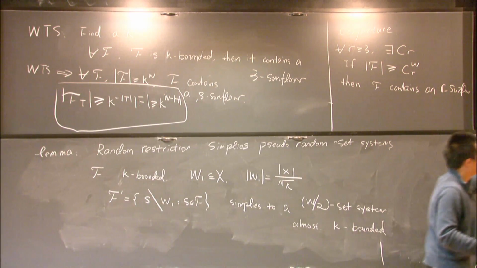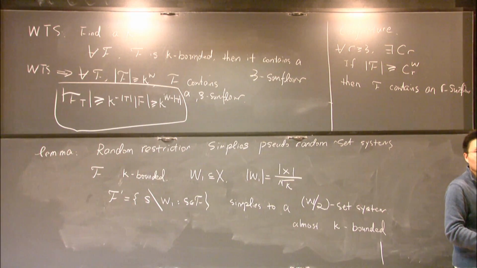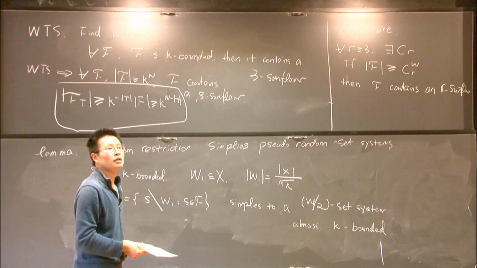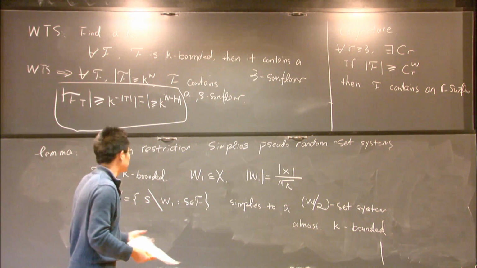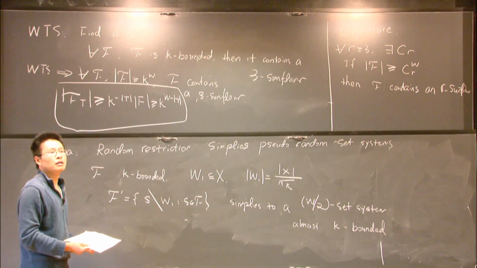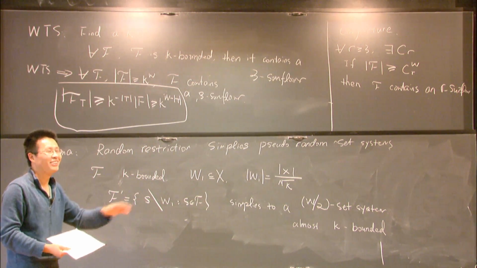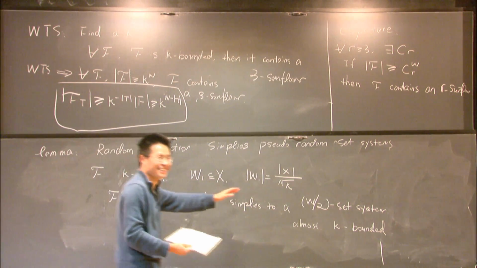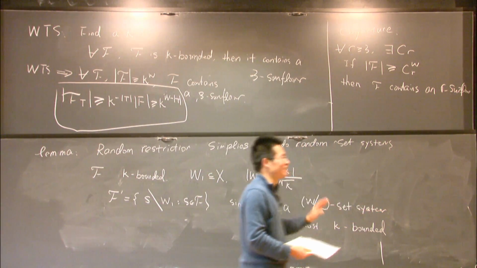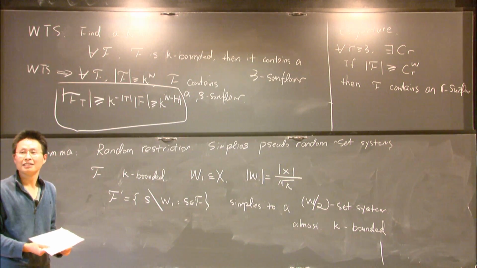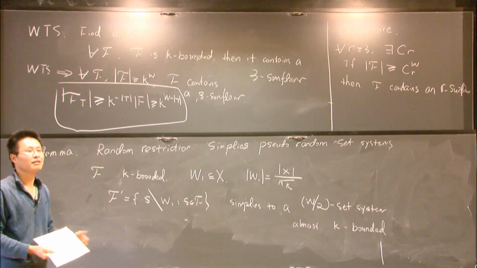All of this lemma applies to multi-set systems. Three sets which are identical is a sunflower. Yes.